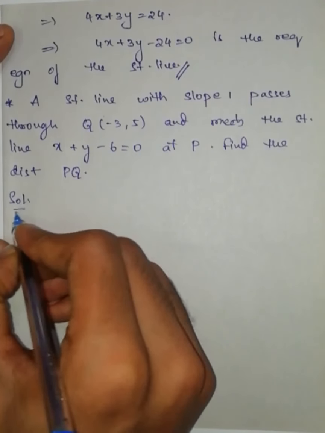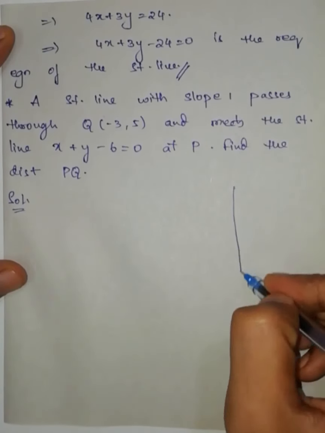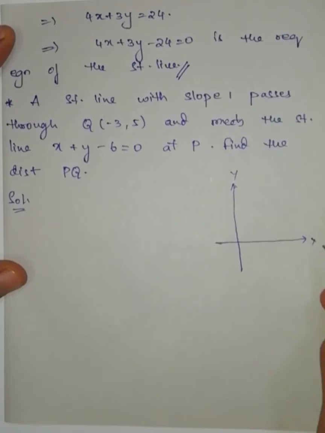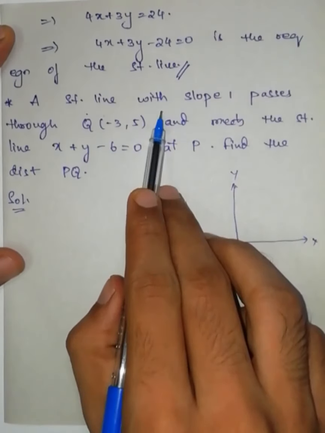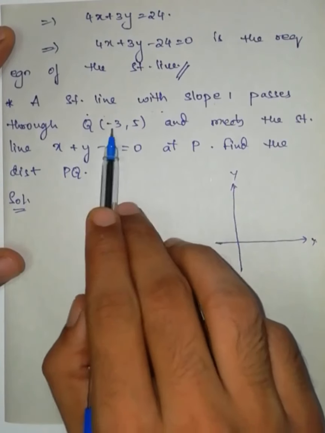Solution. What is the given? Suppose this is the x-axis and this is the y-axis. A straight line having slope 1 and passes through this one.